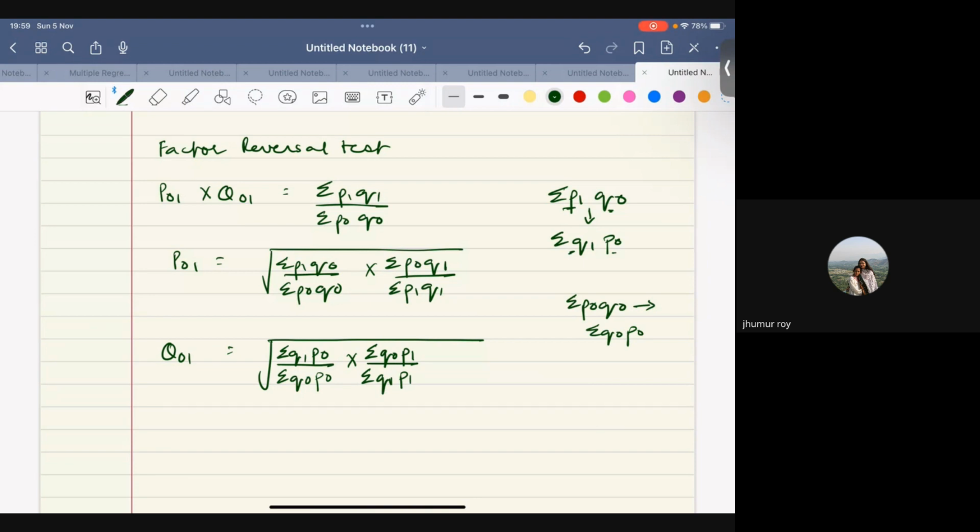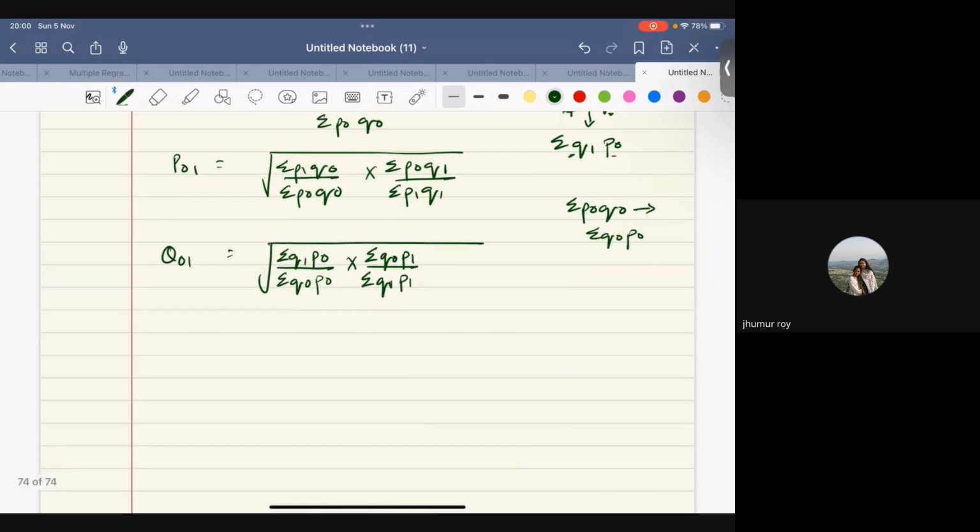In place of P, we have written Q. And in place of Q, we have written P. Now, let us multiply these.